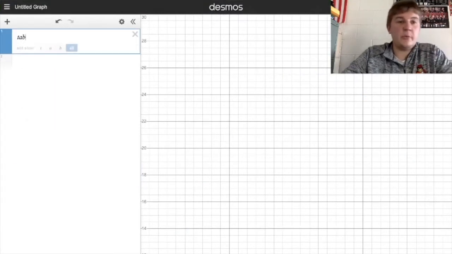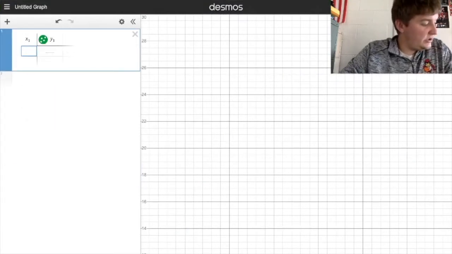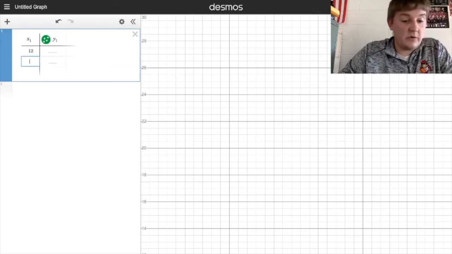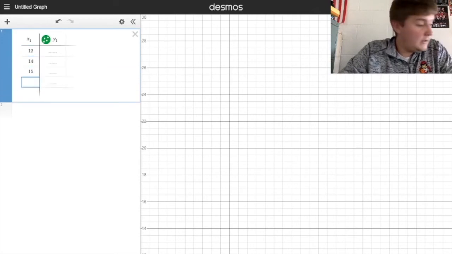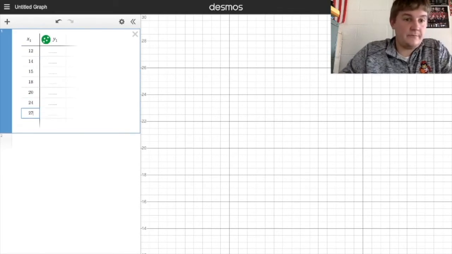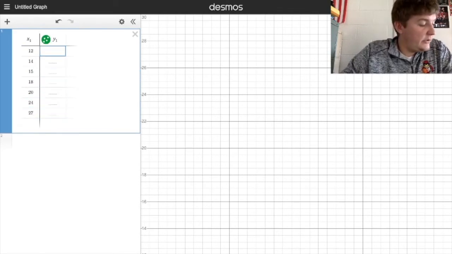So we're just going to type the words table. Okay, and it looks like x is the thickness of the ice in inches. So we have 12 inches and 14, 15, 18, 20, 24, 27. And then we also have the weight in tons that it can hold based on that.